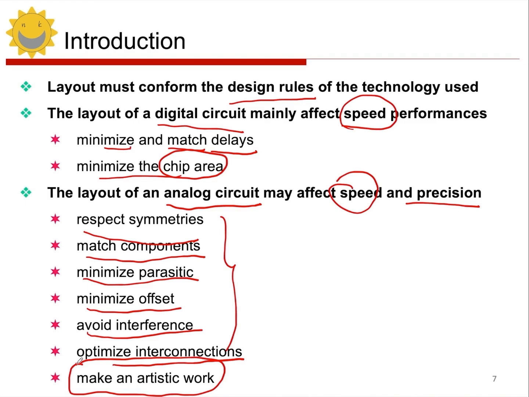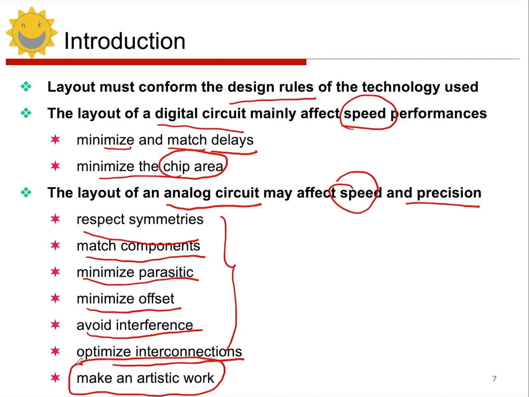Lastly, it's essential to treat your analog circuit as a work of art. In other words, the layout of an analog integrated circuit, once completed, should resemble an artistic piece. Why do I say this? Because the layout of an analog integrated circuit must consider many factors like matching, symmetry, and isolation, which results in a clear structural symmetry in the layout, making it visually appealing.